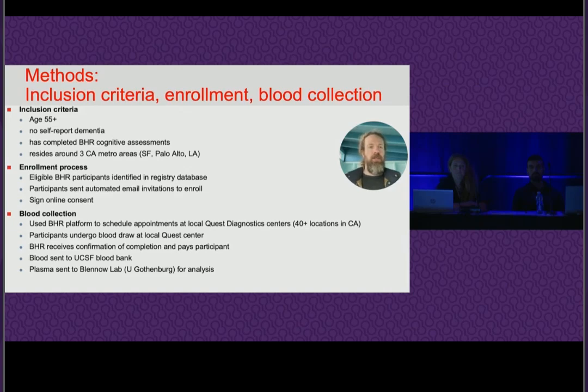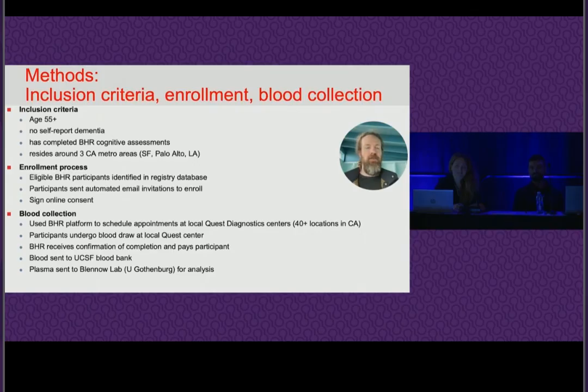Our inclusion criteria from the registry: we included participants age 55 and older with no self-report of dementia, who had completed some cognitive assessments and resided in one of 3 California metro areas.